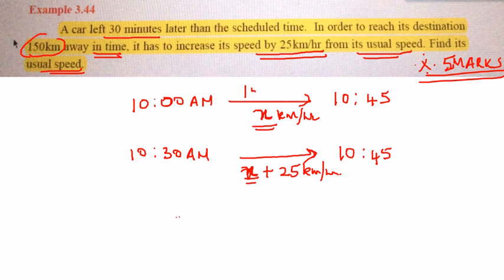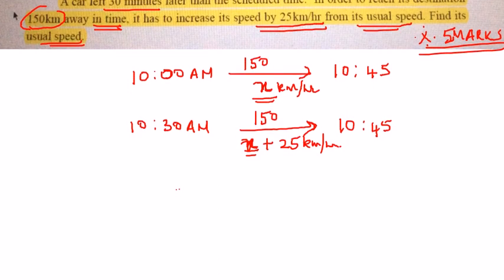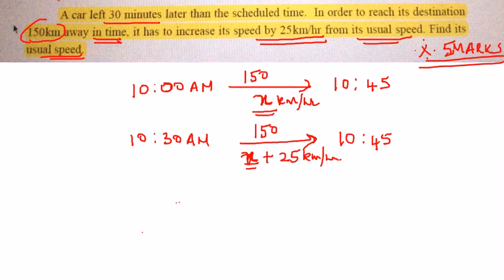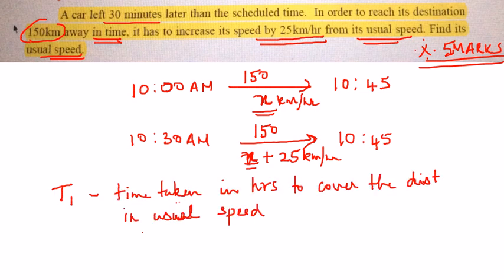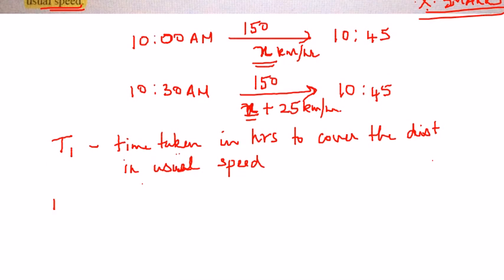So this is the given data, and the distance that he had to travel is 150 kilometers. If I assume that t1 is the time taken in hours to cover the distance at the usual speed, now t2 will be the reduced time.